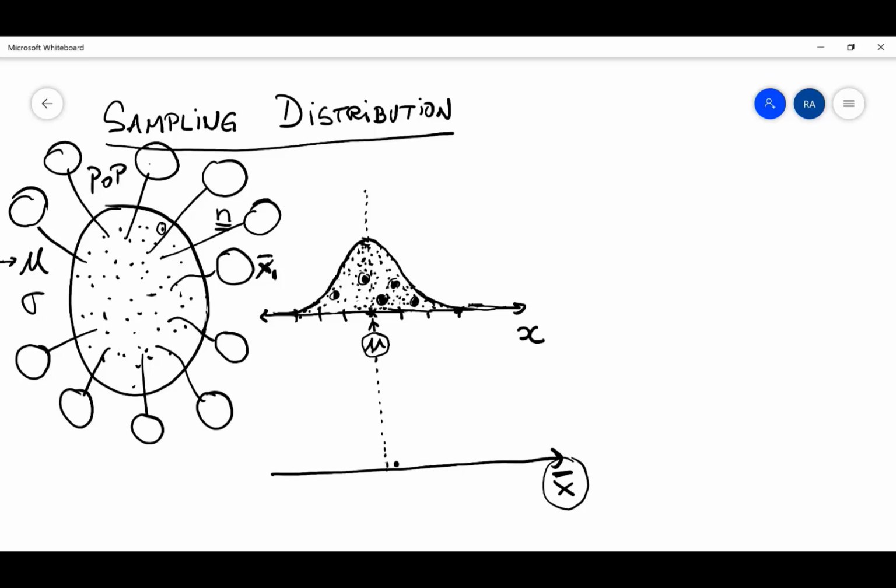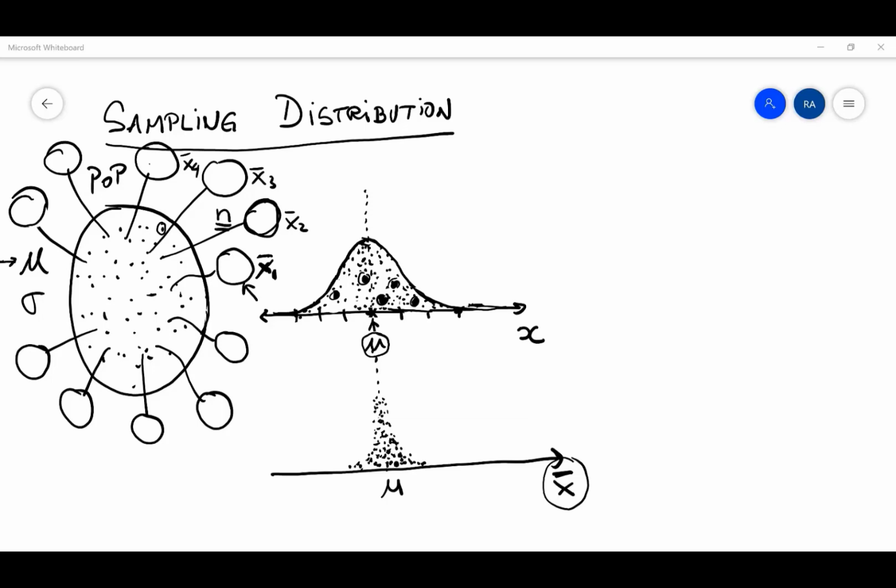Suppose that we compute for the second sample of the same size the mean, and we obtain x sub 2, and so on. Then each point in this number line represents one sample. When we plot all points in this number line, we obtain values close to the true parameter. When we finish with the last sample of the same size, we obtain that distribution.